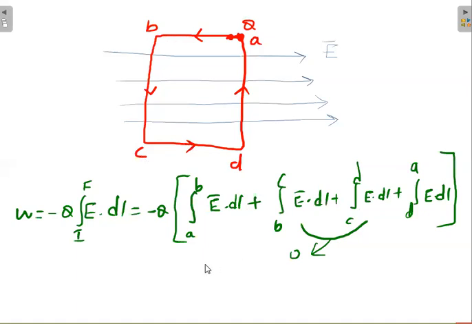Now, if you clearly imagine, they are A to B and A to D. What is the difference between these two? Very simple, you are moving in the opposite direction.